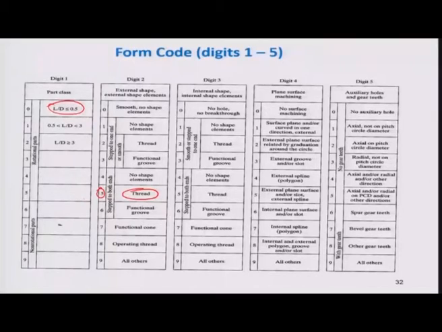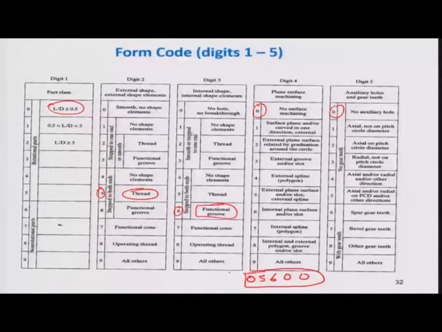For digit 3, suppose a functional group is required, then you will have to take 6. Suppose no further machining is required, then you assign 0, and no auxiliary hole is required, so you assign 0. So the final code will be 0 5 6 0 0.